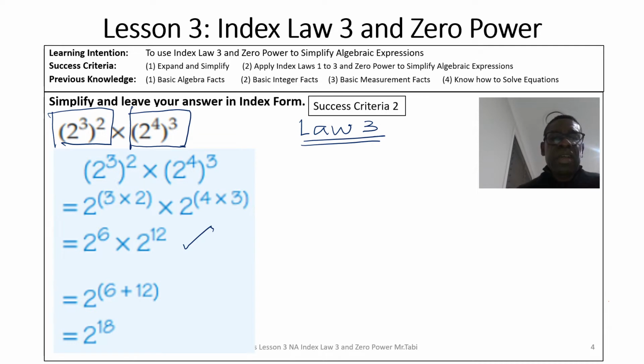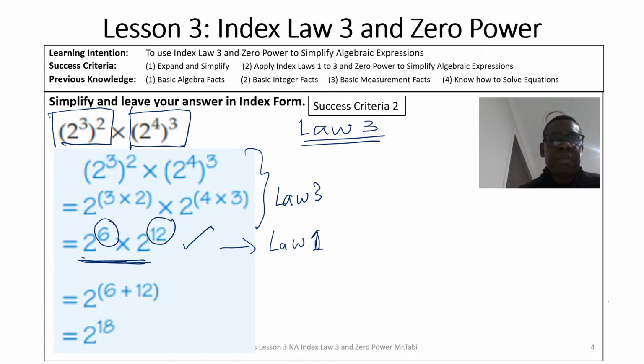At this point, we now apply index law 1. We're applying index law 3 here, and we apply index law 1 here. Because when you multiply two numbers of the same base 2, we add those indices.